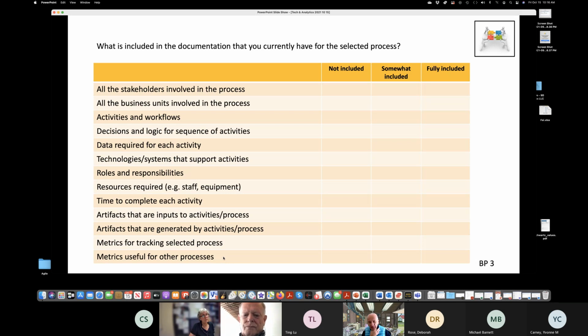Let's say it's something about condition assessment. If it's a process for condition assessment and it's in the maintenance department, it actually impacts other teams and groups in design and operations and so on.